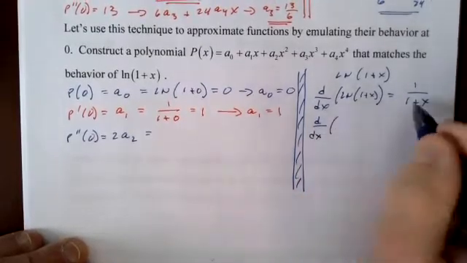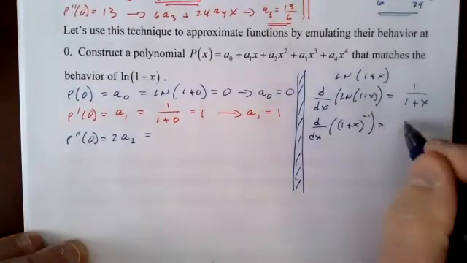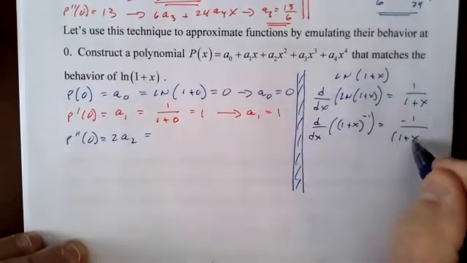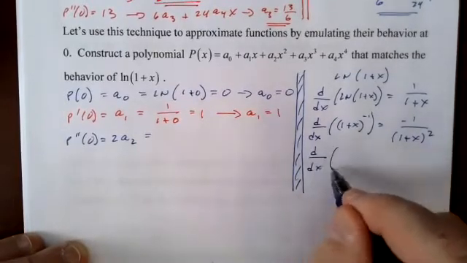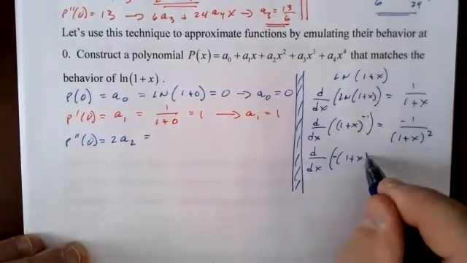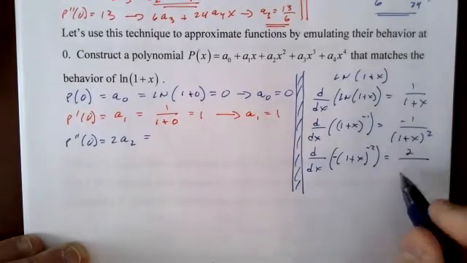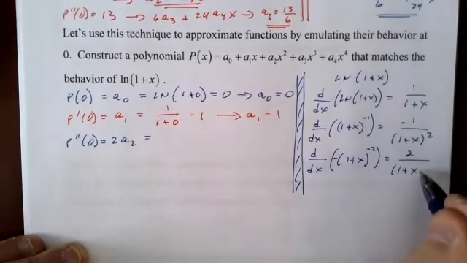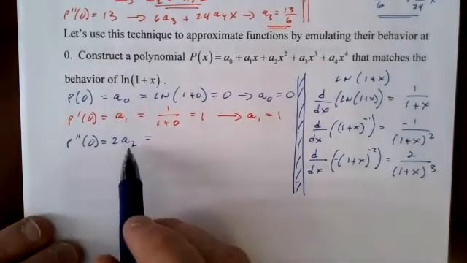Derivative of 1 plus x to the negative first is negative 1 over 1 plus x squared. Derivative, I think I only need to do 1 or 2 more of these, of negative 1 plus x to the negative second is 2 over 1 plus x to the third. I think I have to do 1 more over here, but I'll come back to that.